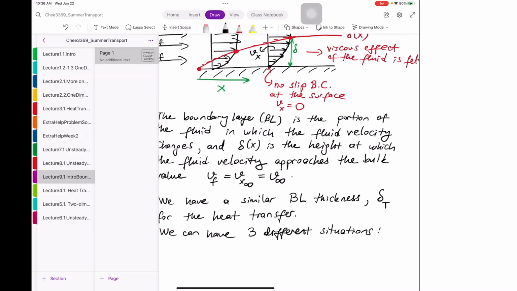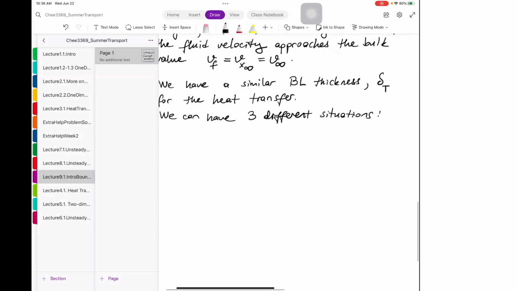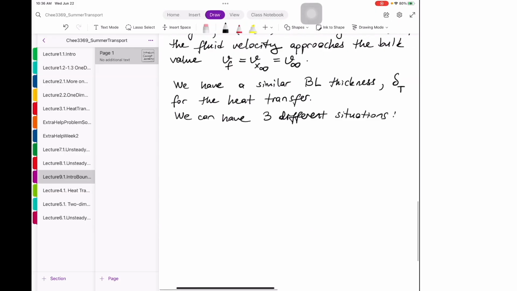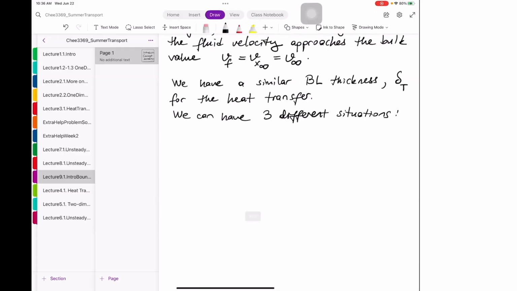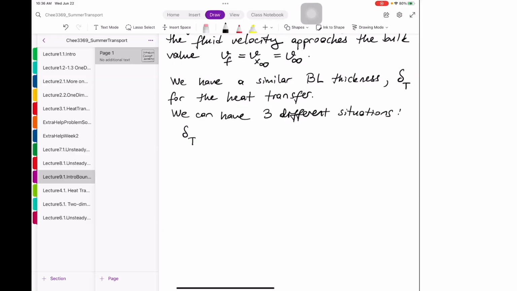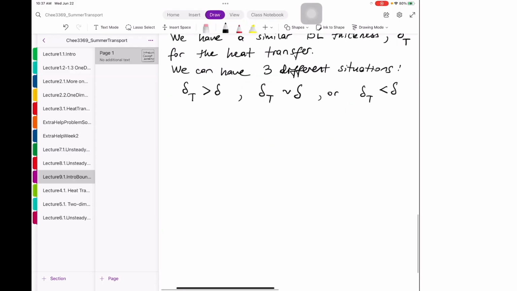So what are the corresponding thicknesses of the two, delta T versus delta? You can have either delta T larger than delta, or delta T approximately delta, or delta T less than delta, right?